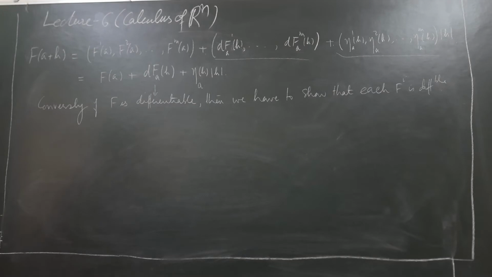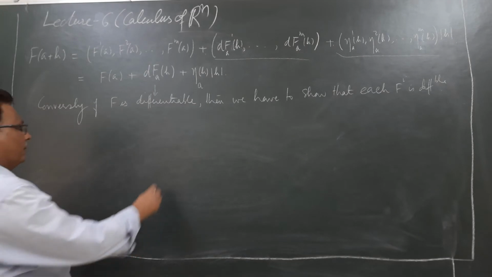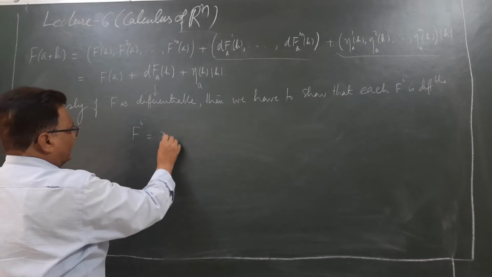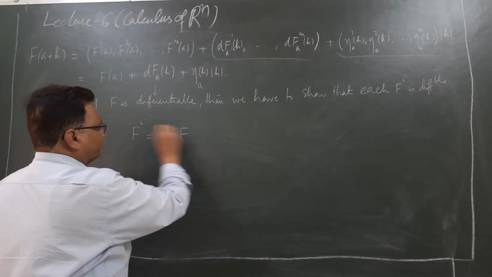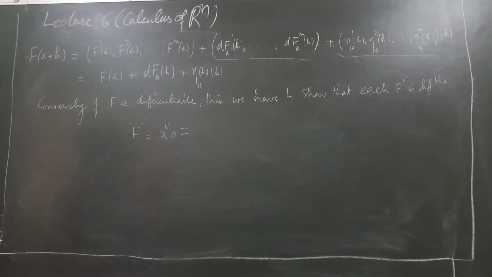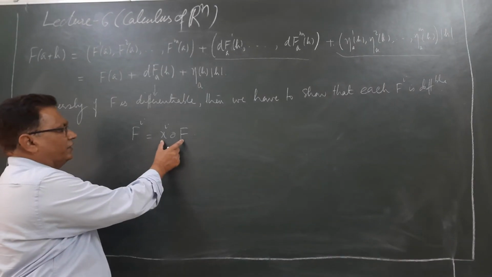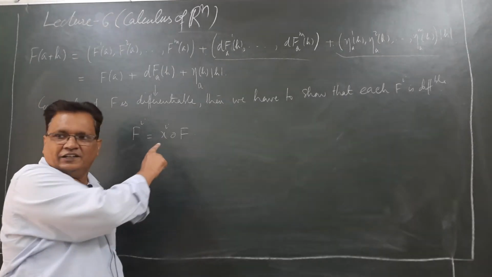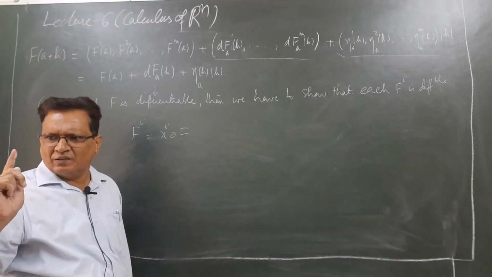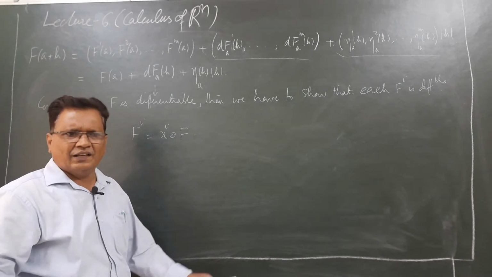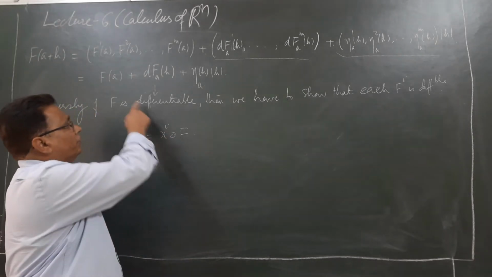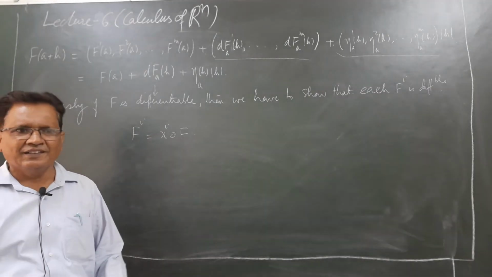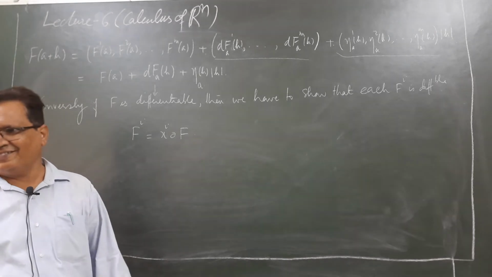Okay. So what I will do, what is f_i? f_i, if you remember, is x_i composed with f. On the right side you have a composite function, and the coordinate functions are known to be differentiable. One can prove it. They are like projection maps. f you are assuming is differentiable, and the composition of differentiable maps is differentiable by the chain rule.